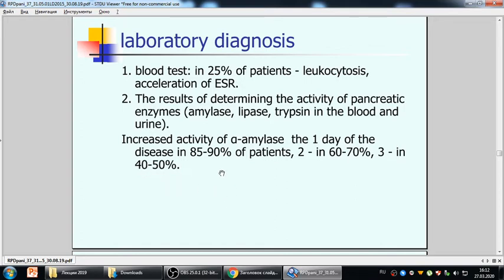That means that increasing enzymes in blood or urine is not evidence of decreased pancreatic juice production. This is evidence only of the fact that our pancreas is being damaged, and cannot represent the real production of enzymes.